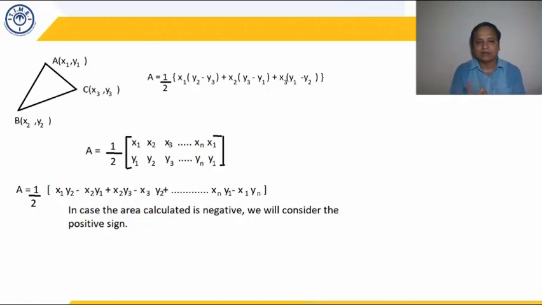And then as we expand the determinant, half of x1 into y2 minus x2 into y1, plus x2 into y3 minus x3 into y2, and so on till the last, xn into y1 minus yn into x1. If the area comes out to be negative, we take it as positive.